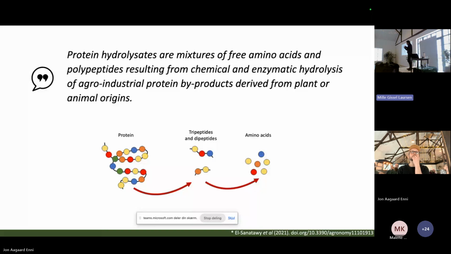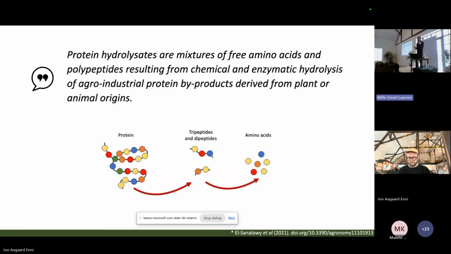It's a solution or compound that is a mixture of free amino acids and peptides resulting from digestion, enzymatic or acid digestion, of high protein materials, usually high protein waste products. The idea is upcycling them, digesting them and breaking them back down into their constituent amino acids and peptides.